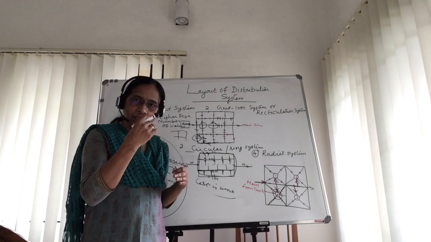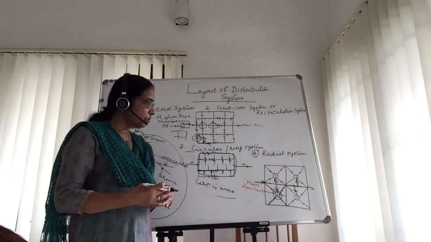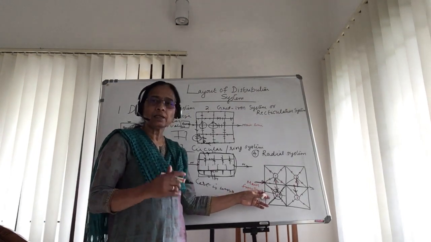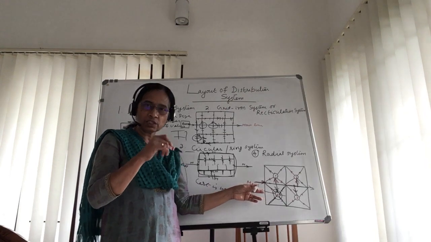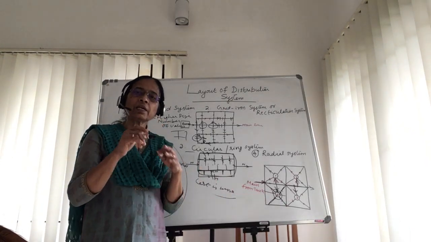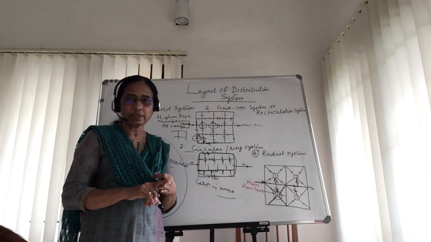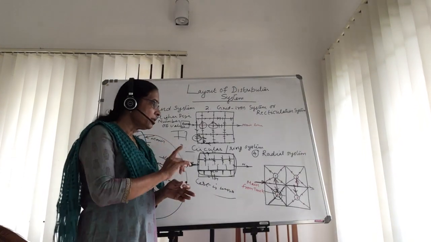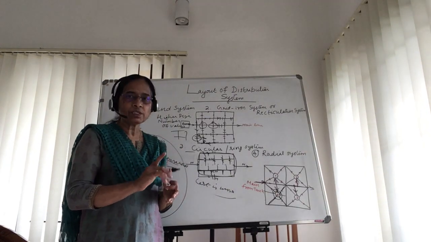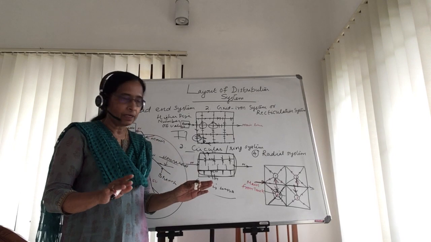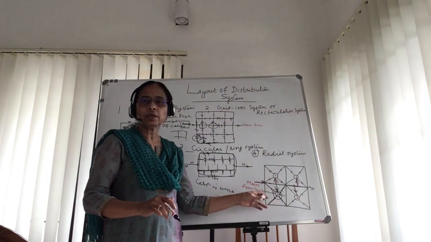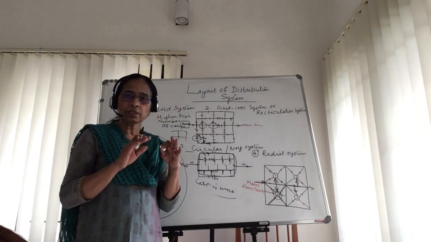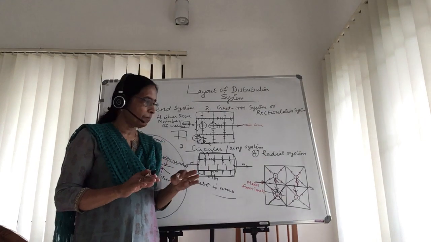That means the length of the main is again reduced, and you are placing the branch lines or the distribution lines radially. That means again the length of the branch lines is reduced. And here you can have equitable pressure in all the lines at any time. At all times you can have equitable distribution, that means pressure as well as quantity.